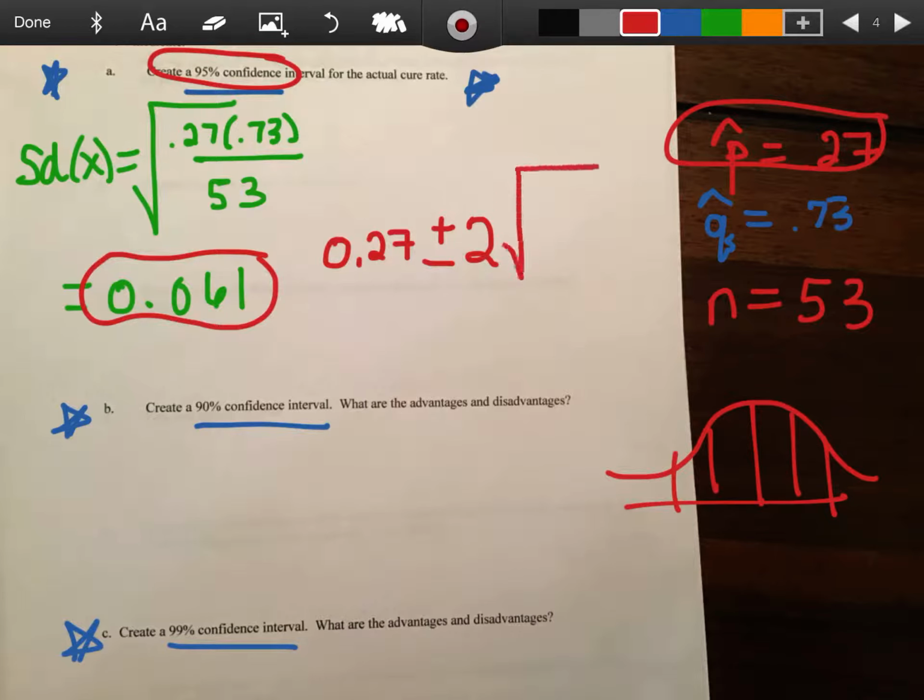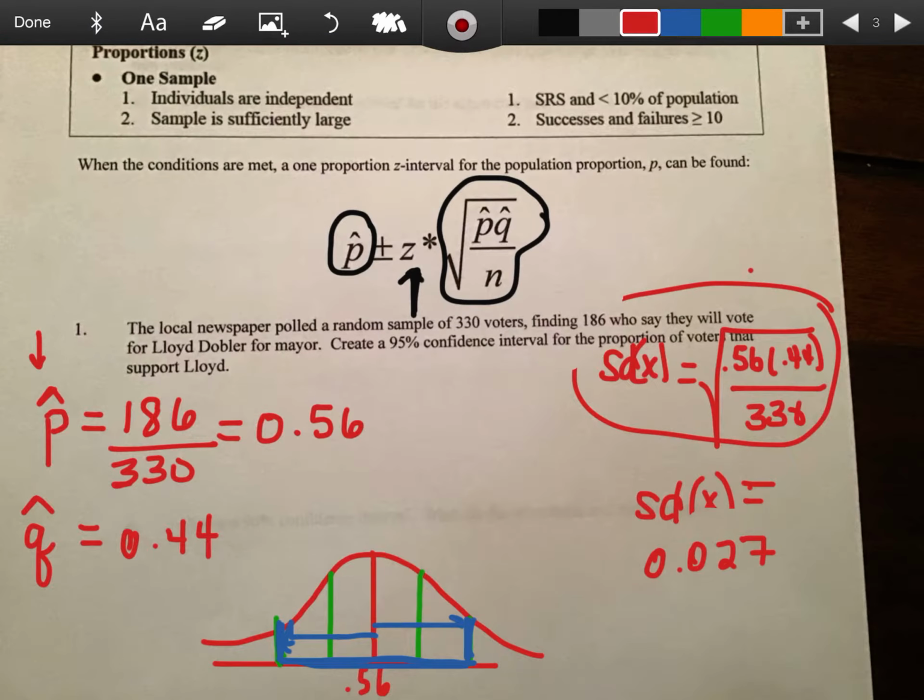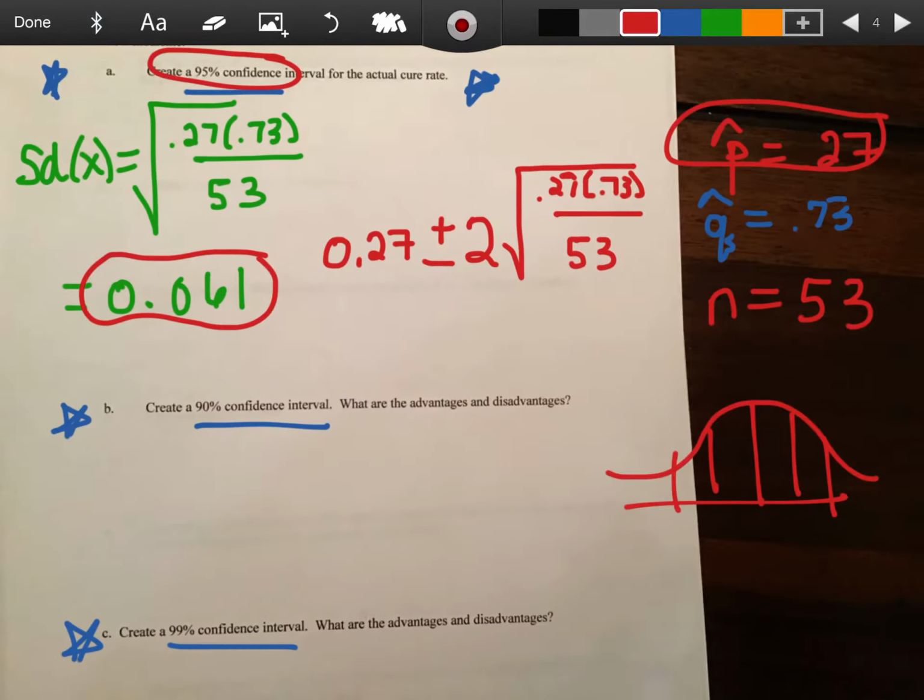Now remember, my standard deviation I already calculated, but if I want to use my formula and not the estimated answer, that 0.061 came from doing the square root of 0.27 times 0.73 all over 53. So now look back here for a second. I just did this: p-hat plus or minus how many standard deviations I was, which was my z-score, multiplied by my standard deviation.